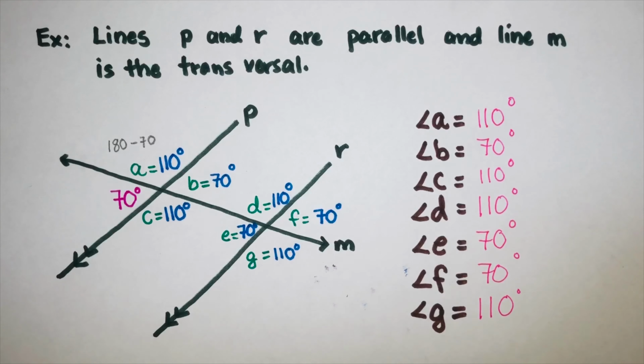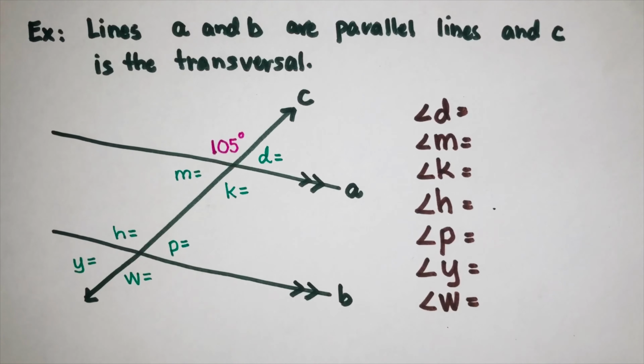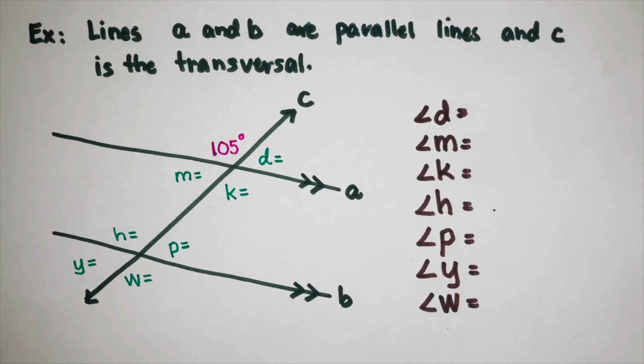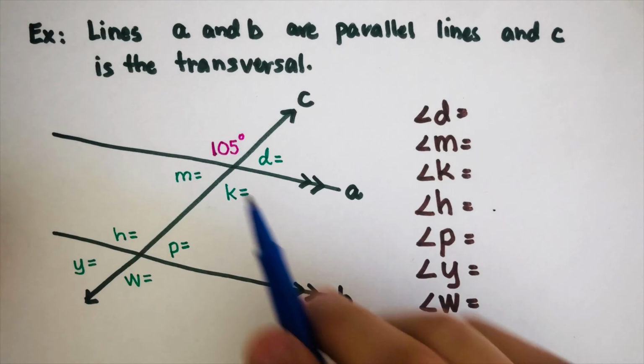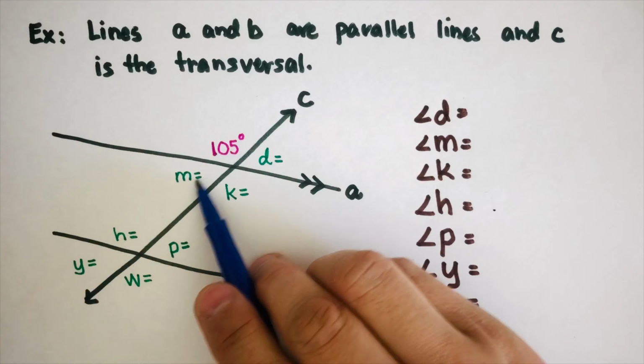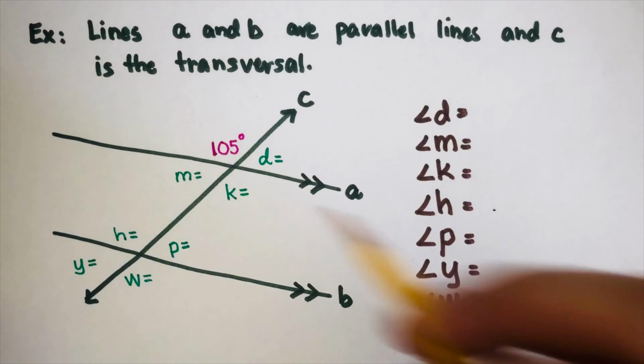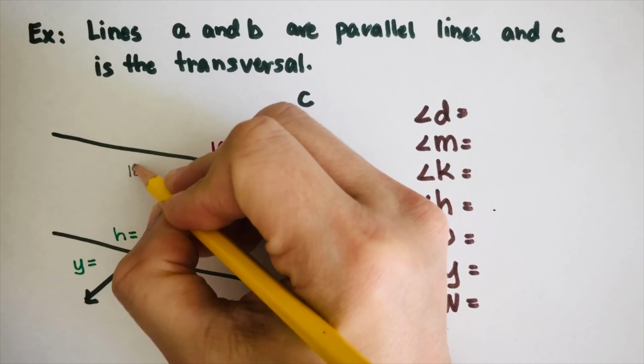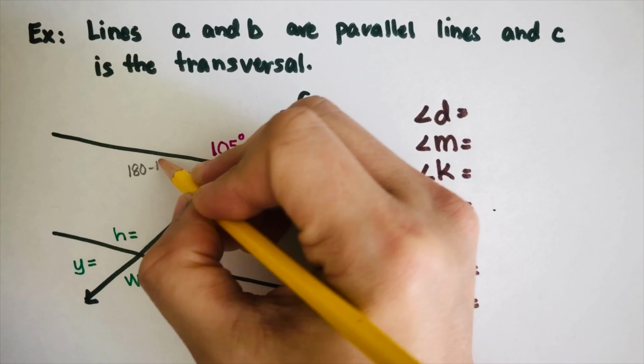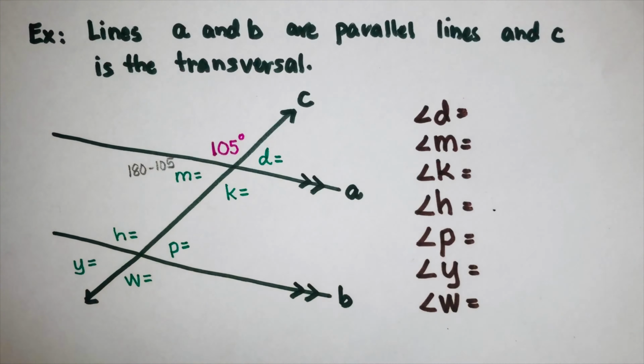Now let's try one more example. Let's do it quick. We are given lines A and B are parallel and C is the transversal. From here we can fill this in. Remember that the angle next to it is supplementary, so it's going to be 180. I go ahead and say 180 take away 105 is 75.